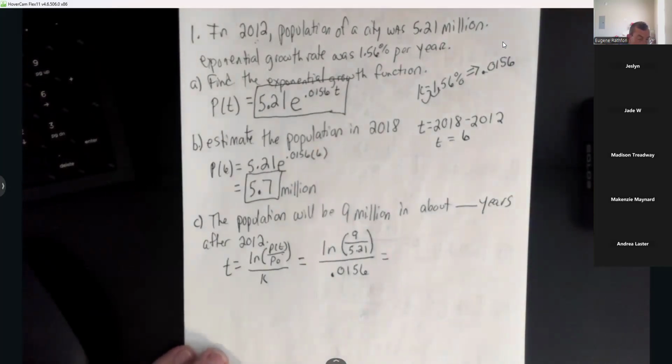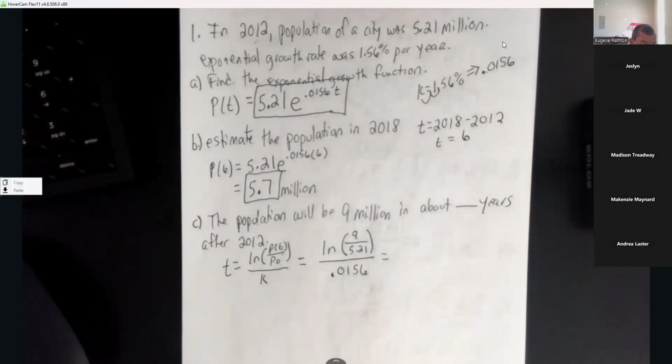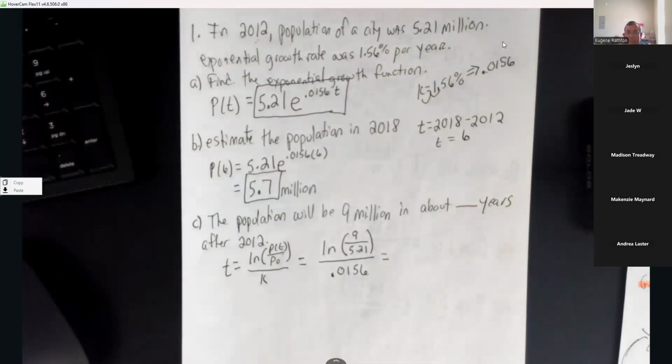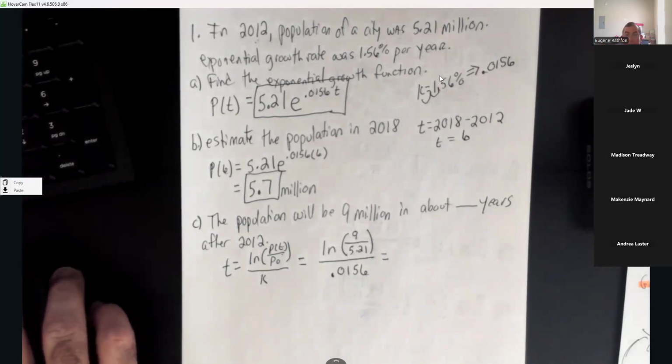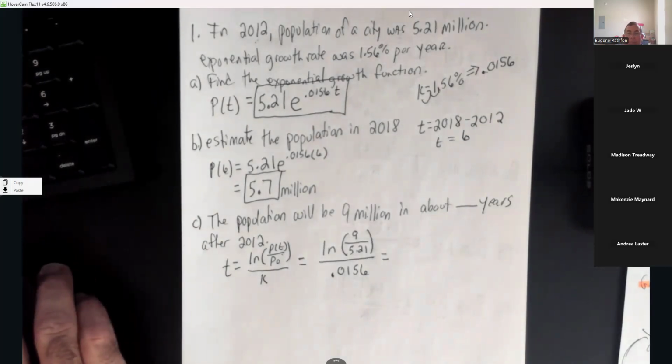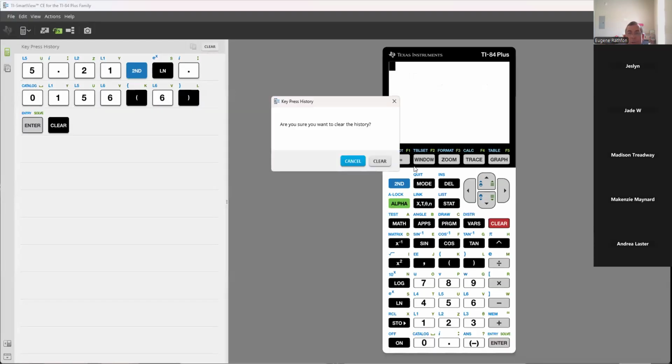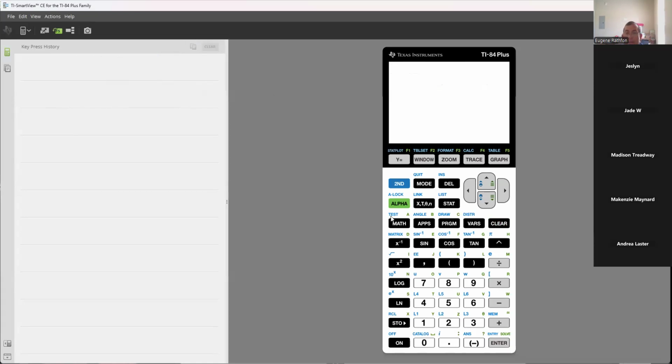Now, y'all, let me see on this one. They want me to round to one decimal place. So let me show you how I would do this one. All right, I'm going to clear my calculator off so you can watch my steps. First of all, I'm going to make it look like a fraction by hitting alpha y equals enter. Now on the top, I'm doing an ln, and this is the ln of a fraction, so I'm going to hit alpha y equals and enter.